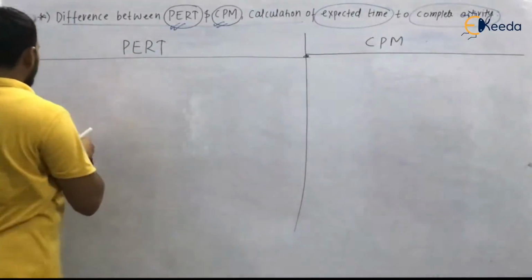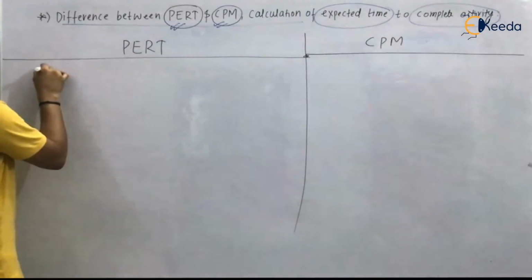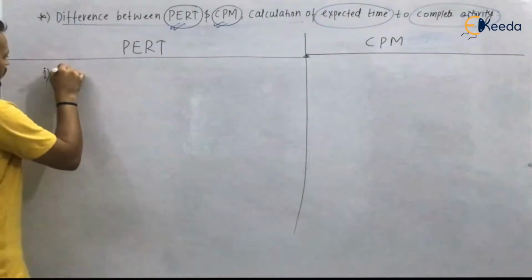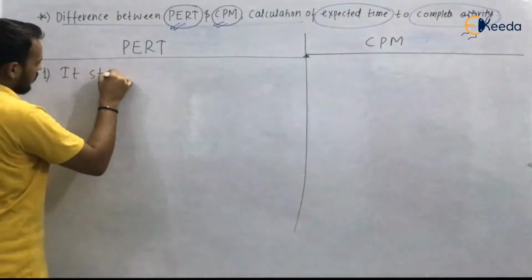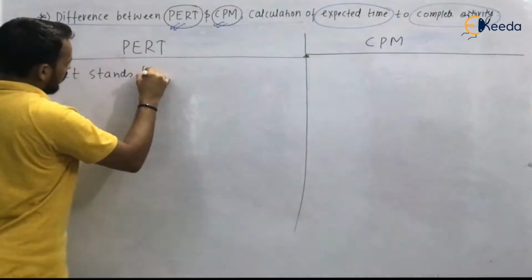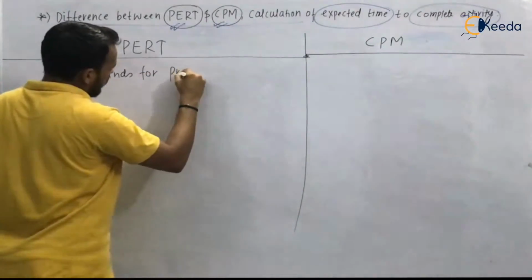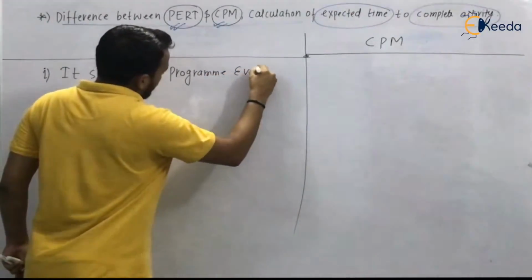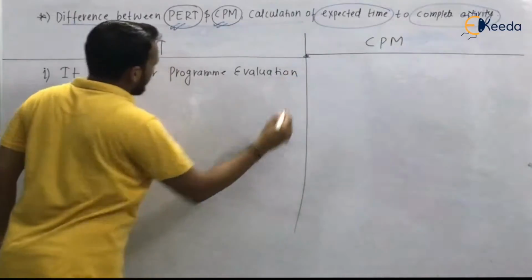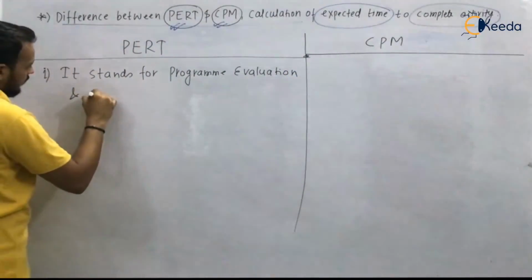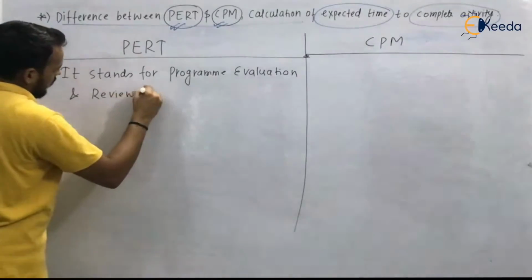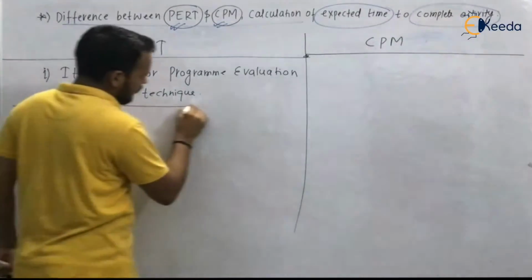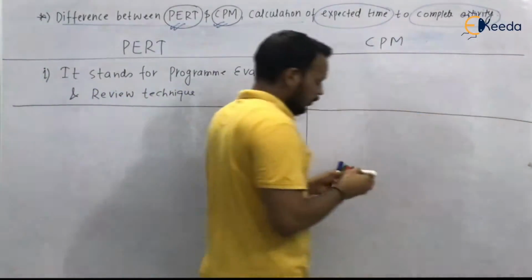The first one: PERT stands for program evaluation and review technique.